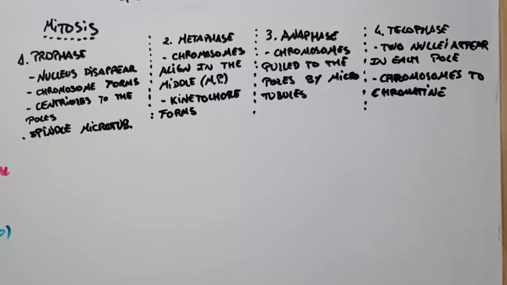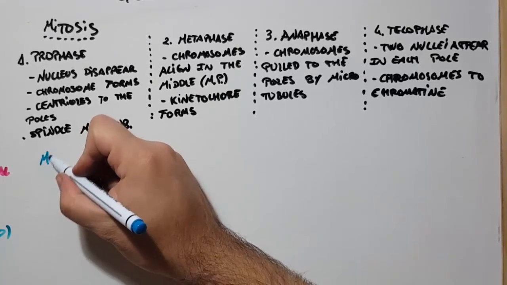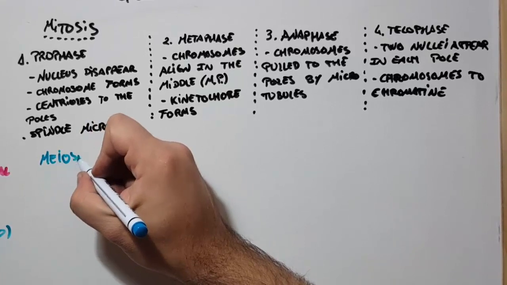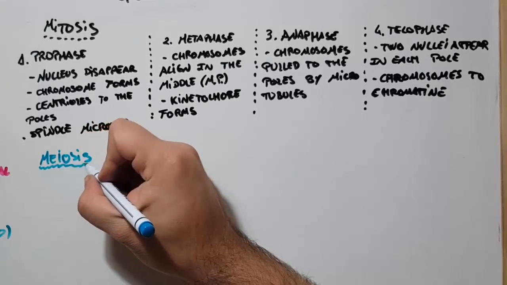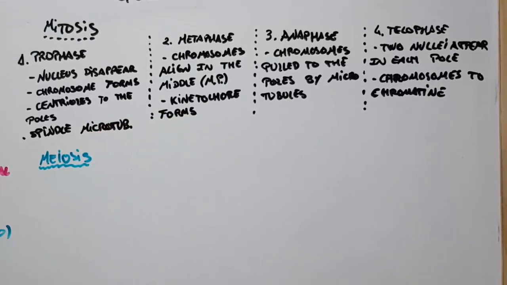So now we have the meiosis. Meiosis is special because it's going to be the responsible part for something that we call genetic difference.